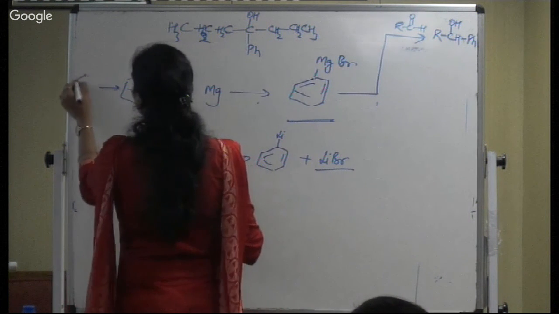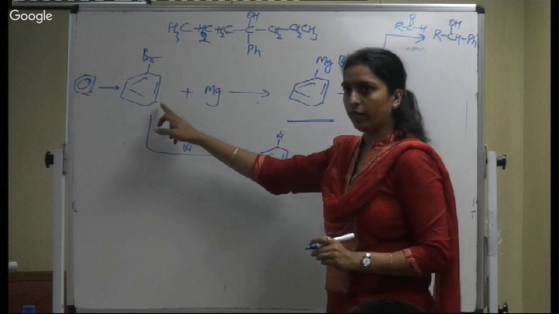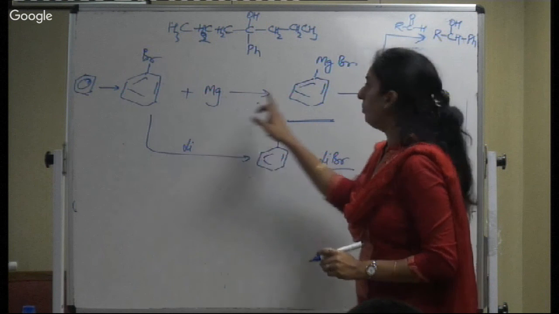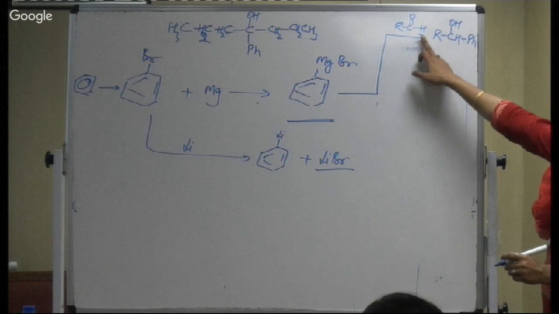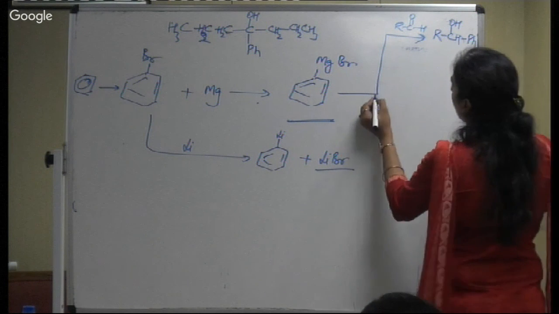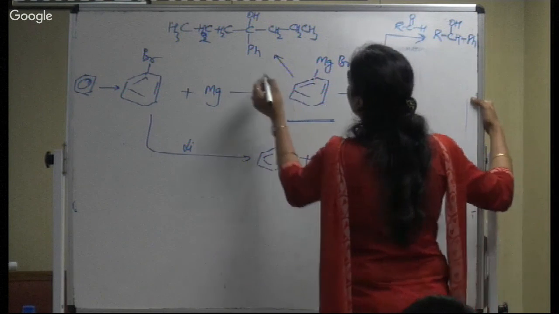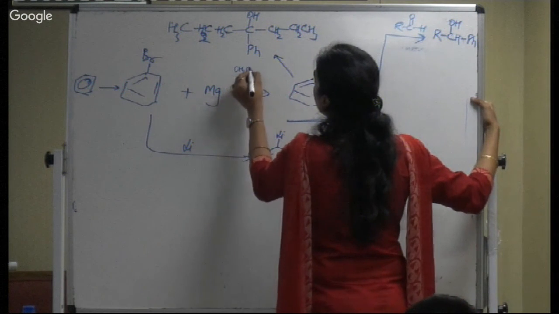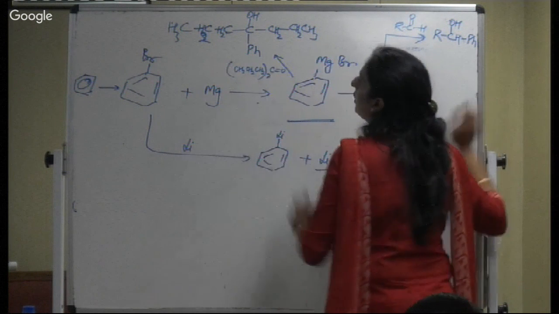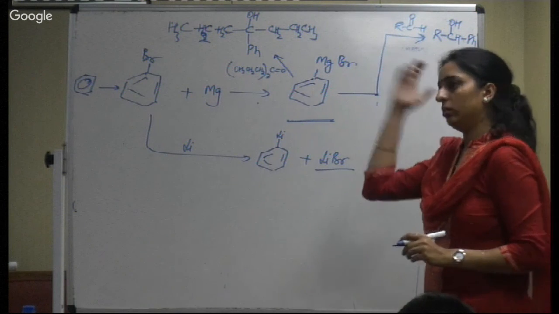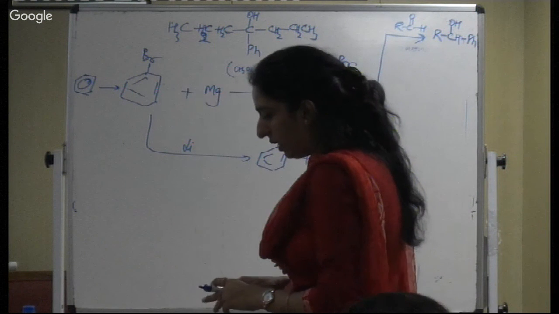So you can always convert benzene into bromobenzene by brominating it, and treat it with magnesium, you will get Grignard reagent. Treat it with the aldehyde, whatever the carbonyl compound it is. So for this particular product, you will have to treat it with CH3, CH2, CH2, this ketone.